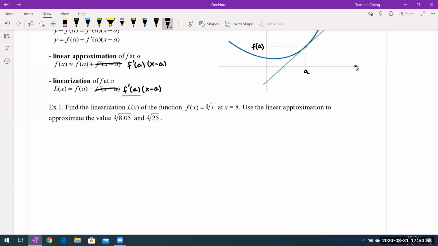So my function f of x is x to the 1/3 power. Taking the derivative with respect to x, it becomes 1/3 x to the negative 2/3 power, which simplifies to 1 over 3 times cube root of x squared.